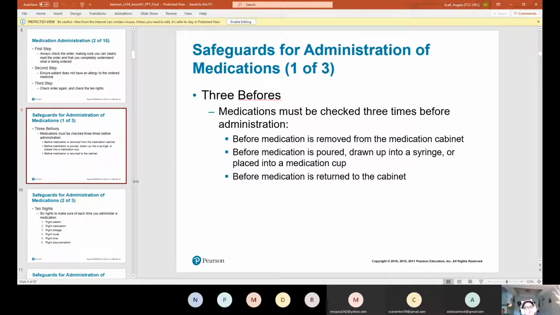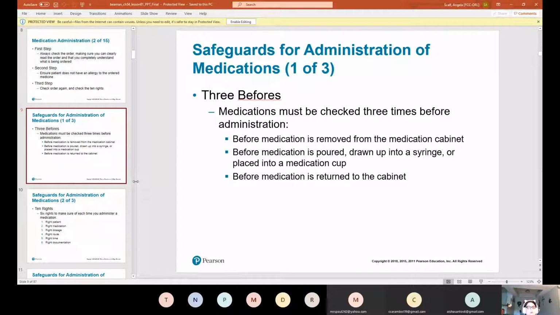Before the medicine's removed from the cabinet, before the medication is either poured, drawn up, or placed in a cup, and then, excuse me, before the medicine is either returned to the cabinet or administered to the patient. Now, sometimes if it's pre-filled, you won't be returning it to the cabinet, you'll be administering. So those are the 3 times, okay?